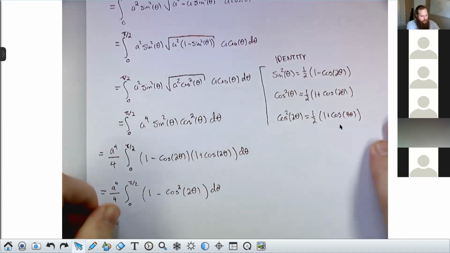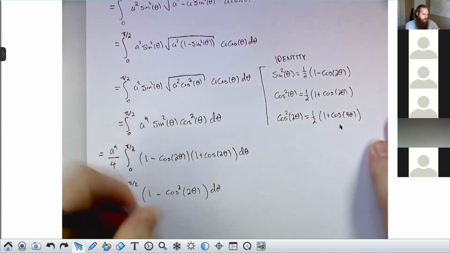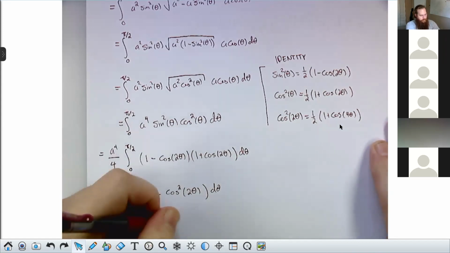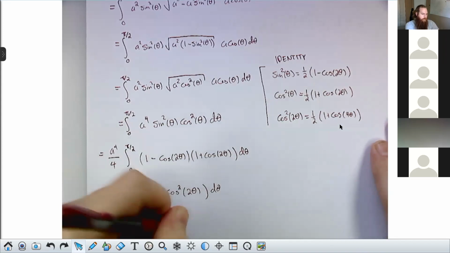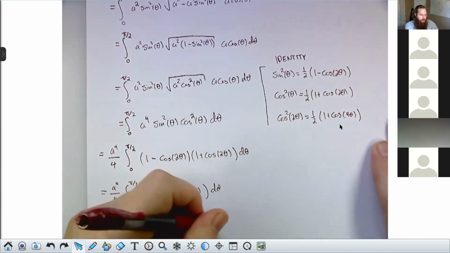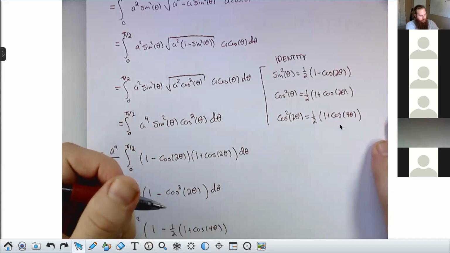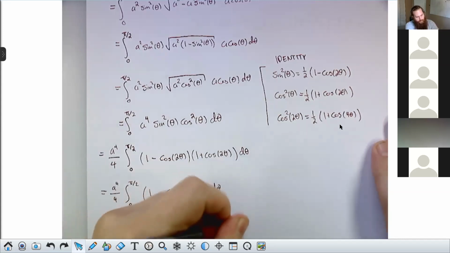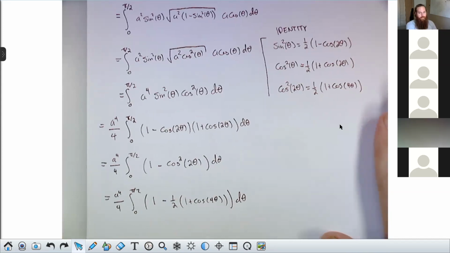So I'll get a to the 4 over 4, integral 0 to pi over 2, 1 minus 1/2 times 1 plus cosine of 4 theta d theta, like this.